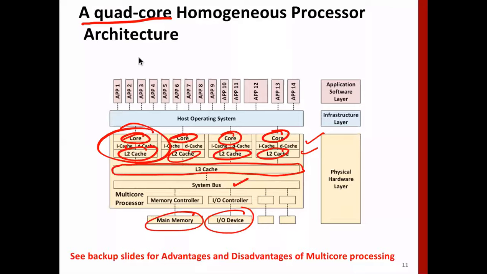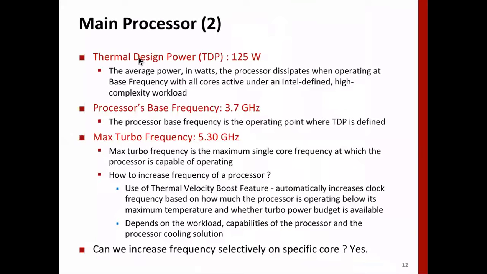When we study each component in detail, like what caches are, what main memory is, what IO devices are, we'll discuss this. Okay. And then it has other specifications like thermal design power. Now you can understand what is thermal design power. We studied in the last class, and that is 125 watt. So the machine has to manage within that power in general, right? It is the average power in watts the processor dissipates when operating at base frequency with all cores active under an Intel-defined high complexity workload.